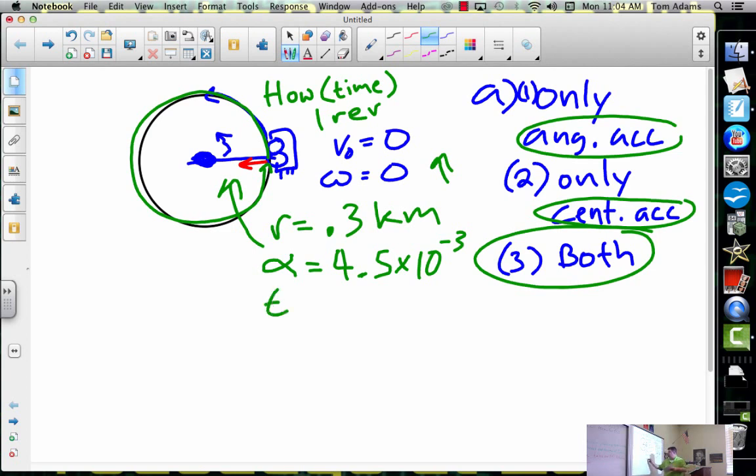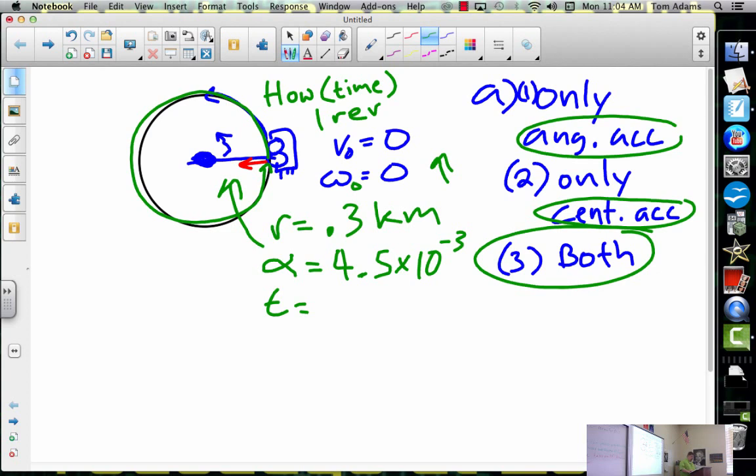So we're solving for time. So now I've listed a bunch of stuff here. This is the initial angular momentum. So now how do I use all that information to solve for time? Well, wait, it says a half a lap, not one full lap. Wait, let me read this. This is how long does it take to make one full lap around? Oh, that's part C. I'm getting ahead of myself.